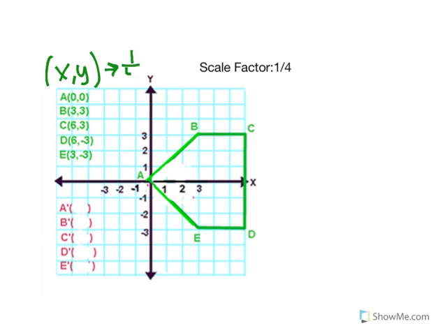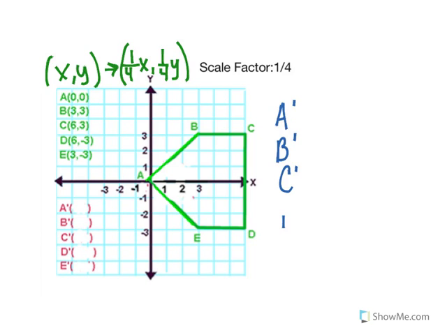That means that we are going to multiply each coordinate by 1/4. So 1/4 times x and 1/4 times whatever the y coordinate is. And we're going to do this with each of our original coordinates.